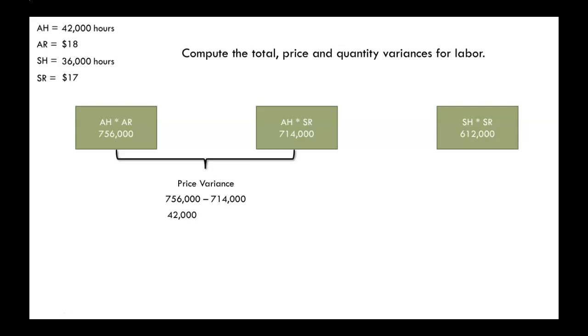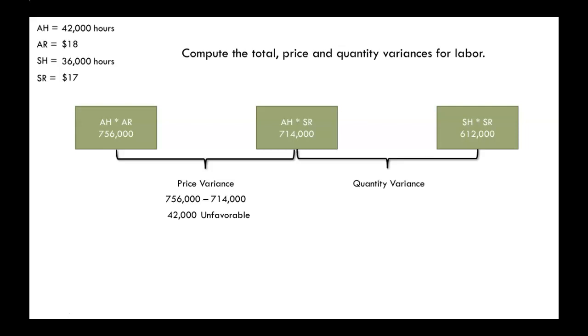So we get 42,000. So we think about this and say we spent $18 an hour. We thought we'd only have to spend $17 an hour. So since we spent more than what we expected we would have to, it is unfavorable.